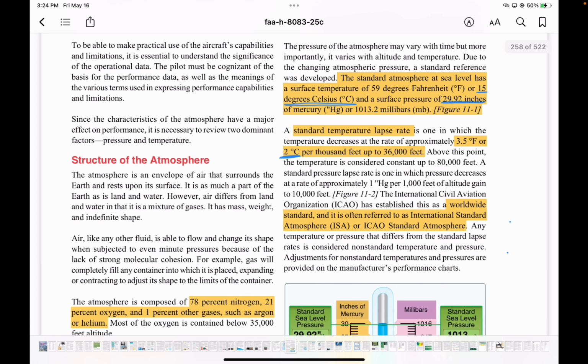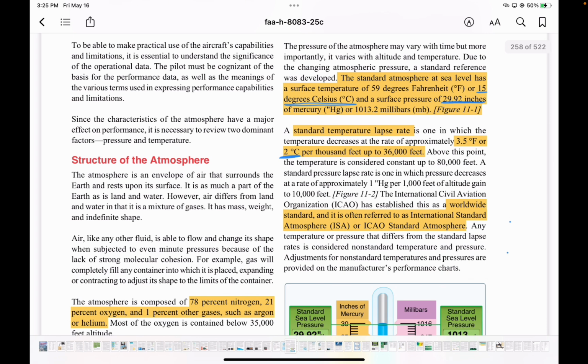That standard is defined as if this was a standard atmosphere, then the temperature would be 15 degrees Celsius or 59 degrees Fahrenheit. You can see I underlined the 15 degrees Celsius in blue because that's what the FAA wants you to remember.